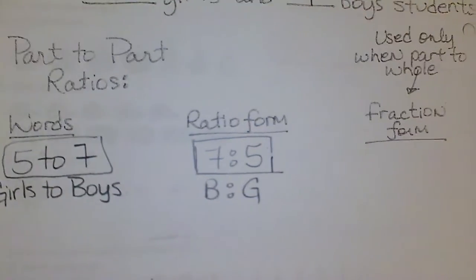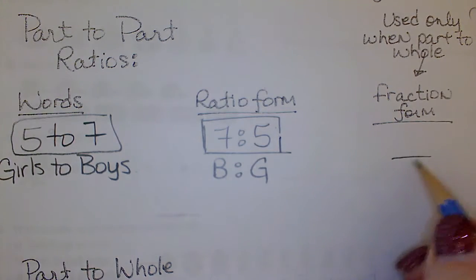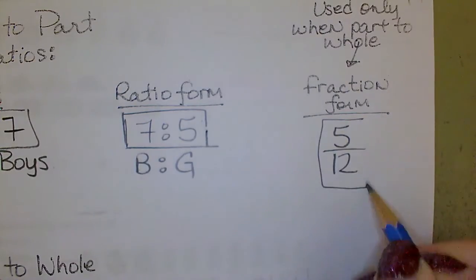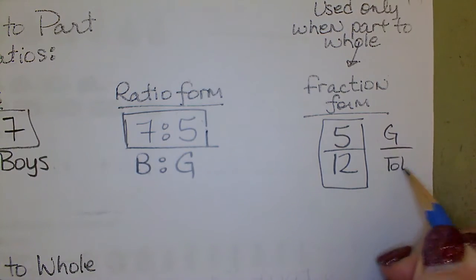Next thing, give me the hard one. Give me a fraction one. 12 on the bottom, and you can do 5 on the top. All right. So 5 over 12. What is that comparison? Girls to the total, right?